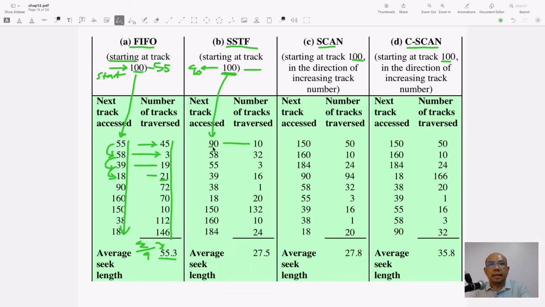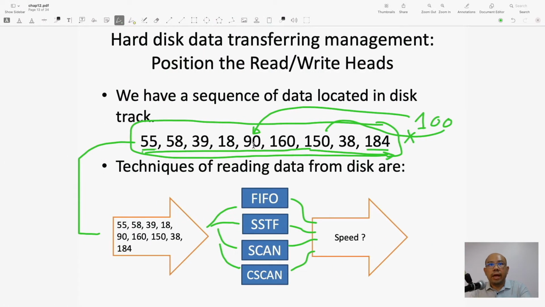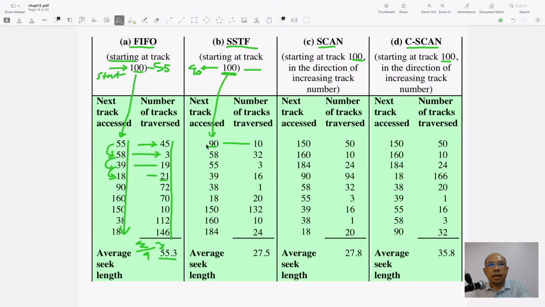And then from 90 the algorithm checks which location is closest to 90. Maybe 58, so it moves to 58, which passes 32 tracks. Then the head checks from 58 which is closest, 55, and from 55 the closest is 39, until the end.